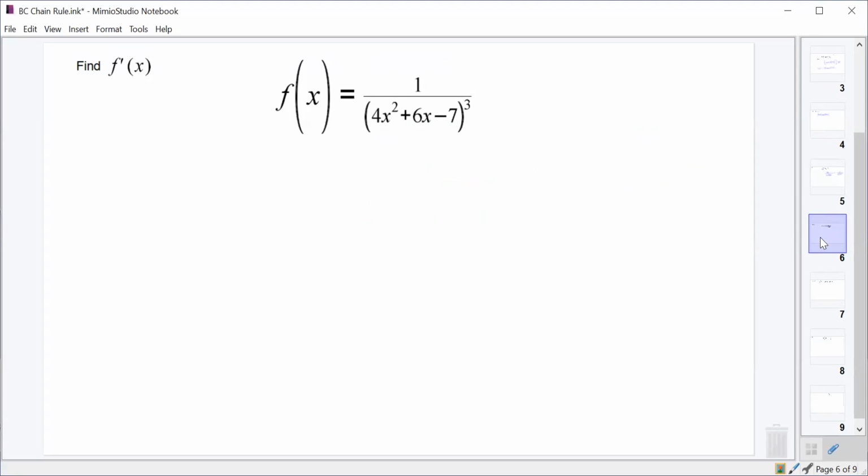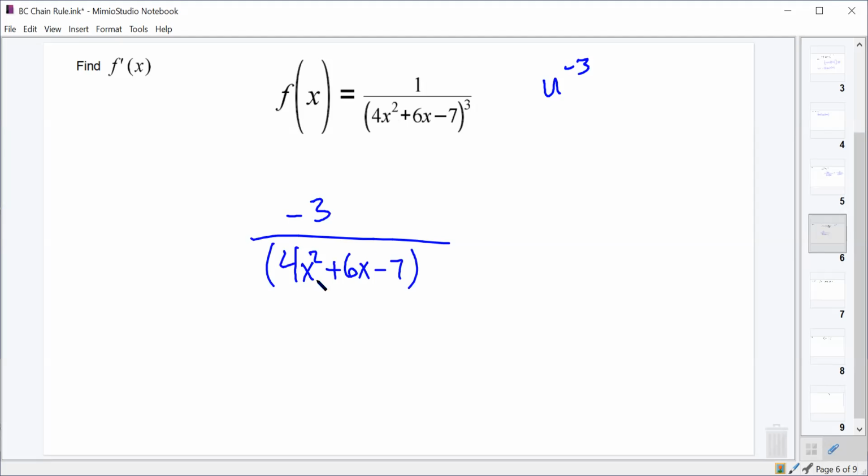So what about this one? This is u to the negative third power, isn't it? So we should do negative 3 u to the negative fourth power. So we can put that 4x squared plus 6x minus 7 to the fourth down here.